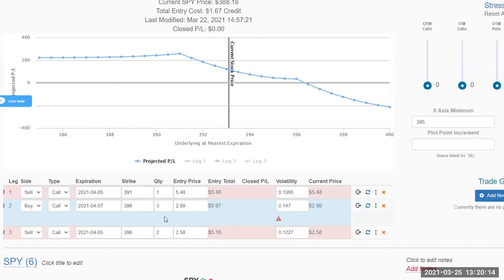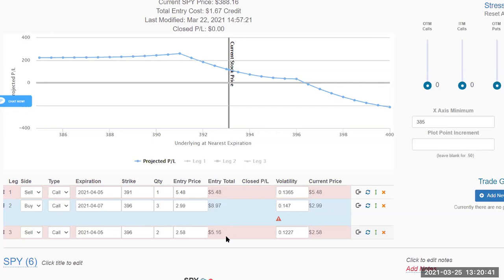But what we're doing is basically exiting the 396, or one of the 396 calls, at a profit, with the intention of putting it back on once the market moves up. So we have 2 ways to take one of the shorts off at a profit. If enough time passes, then eventually we'll be able to take one of the shorts off at a profit.